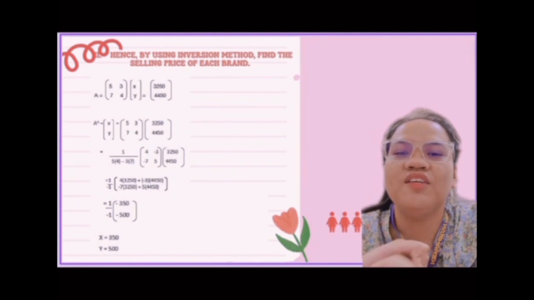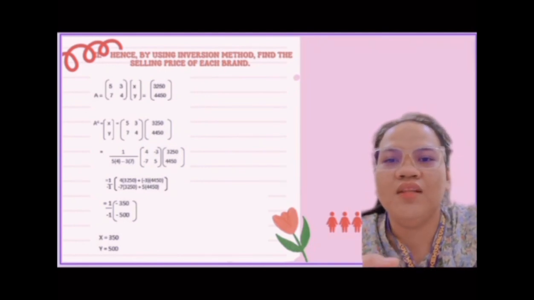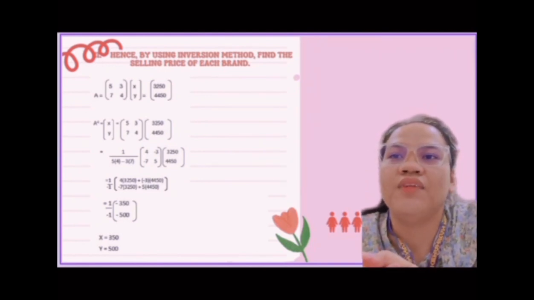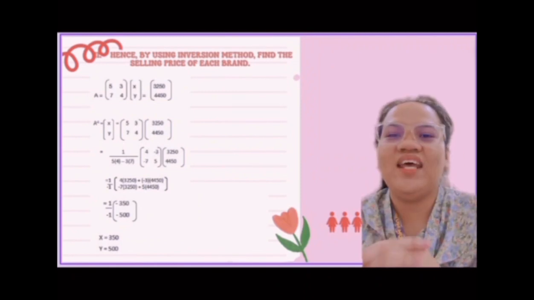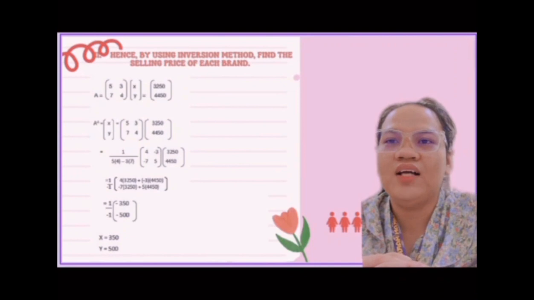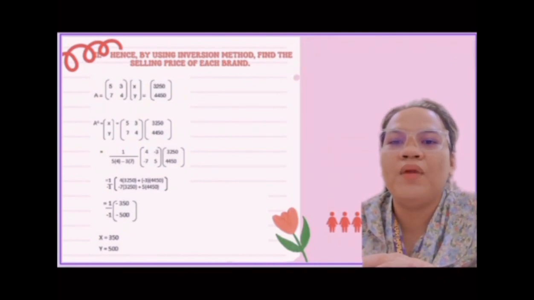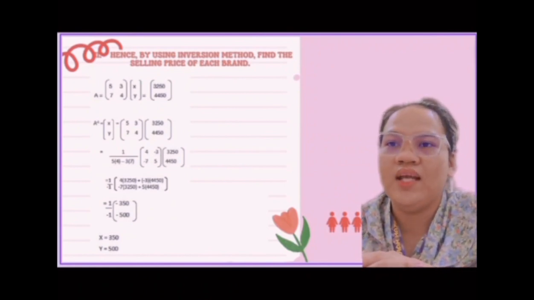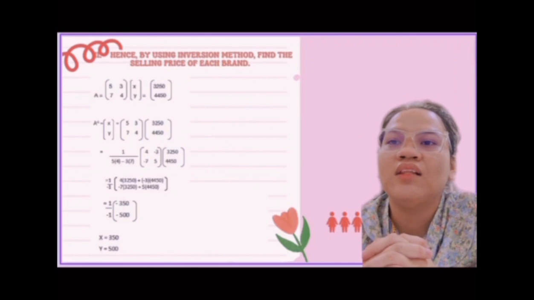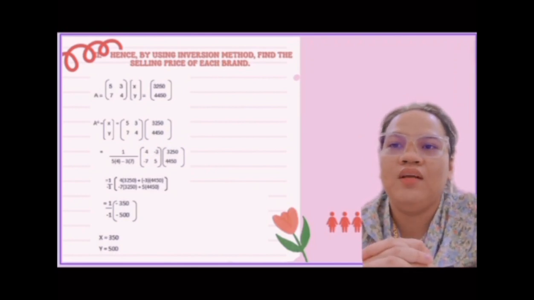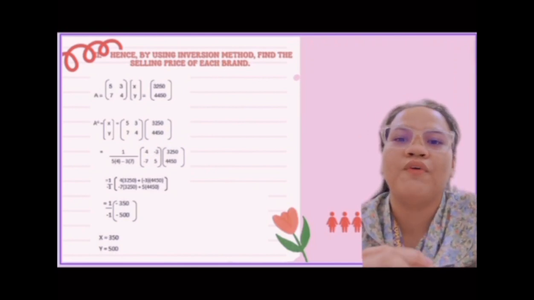Once you calculate it, you will get 1 over negative 1 times negative 350 and negative 500. Then multiply 1 over negative 1 with negative 350 to find x, and with negative 500 to find y. You will get 350 for x and 500 for y.